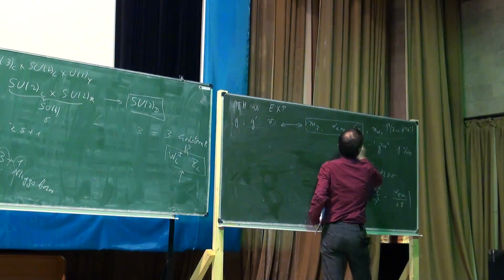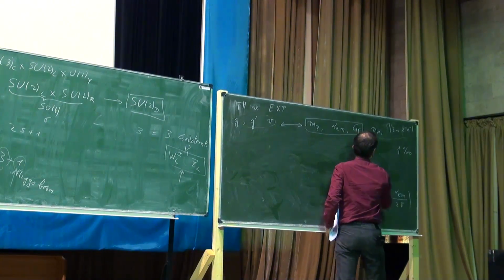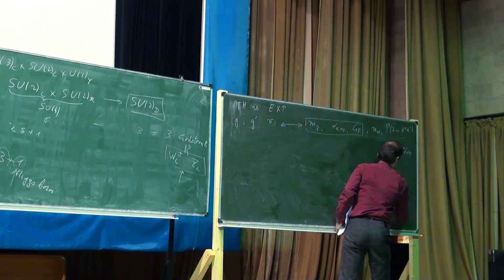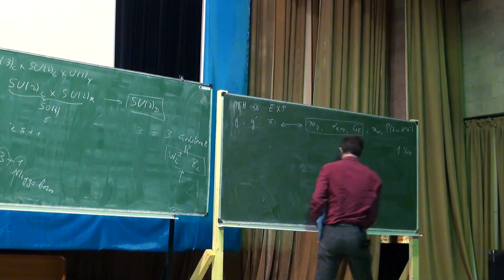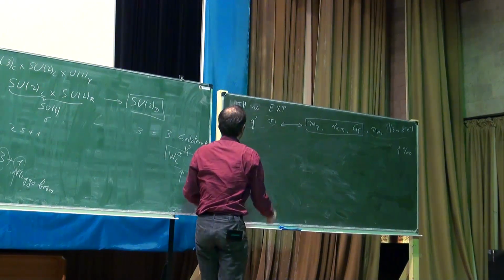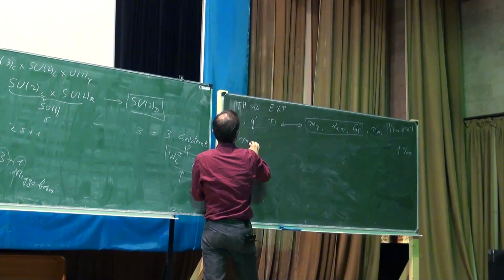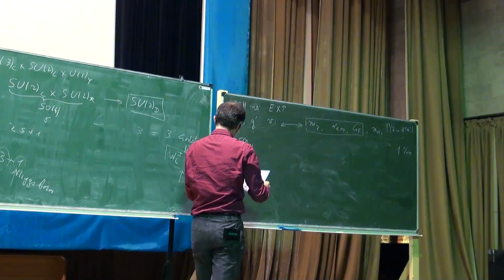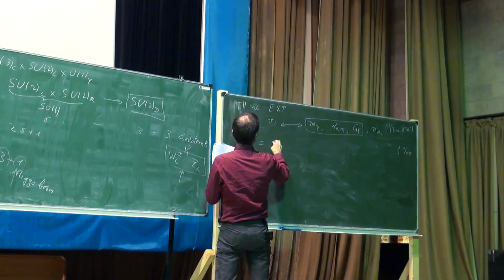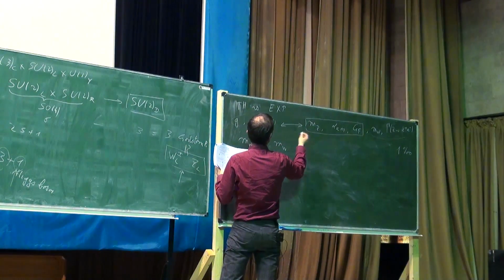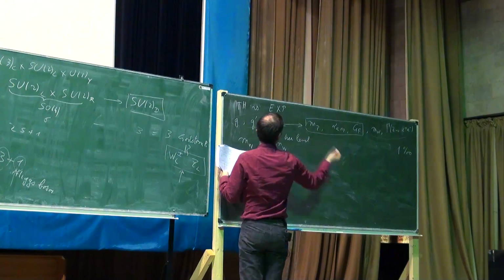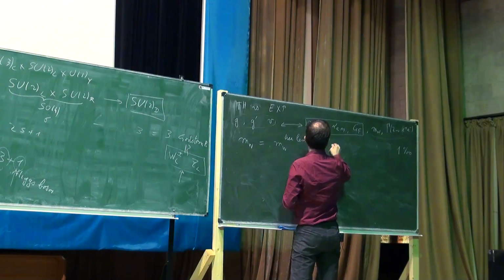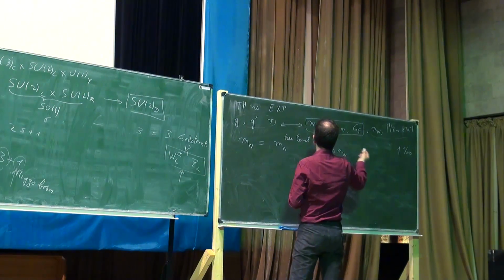So how can I understand what kind of corrections I need to include to do the comparison between experiment and theory? I say that you can compute, for instance, MW. So that was MW of the standard model at tree level. And then there is the correction coming from the loop.